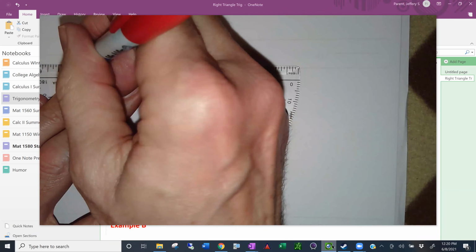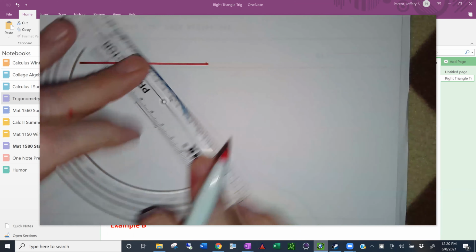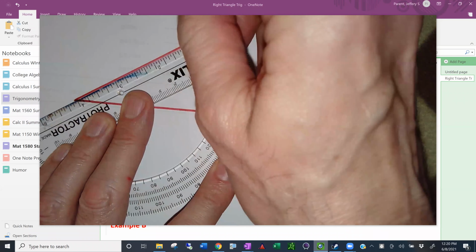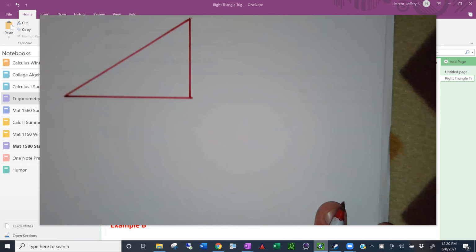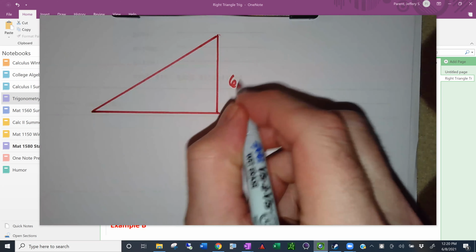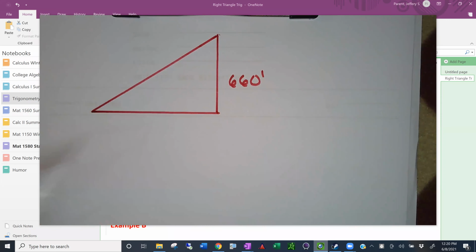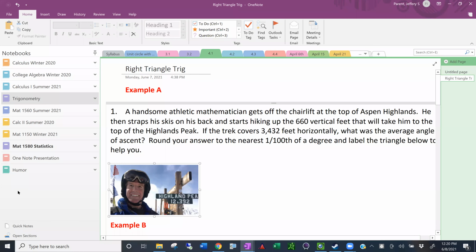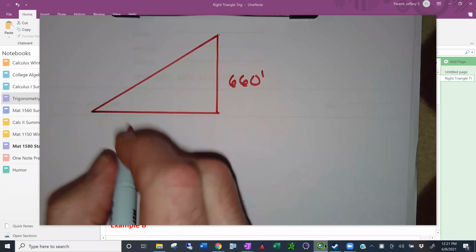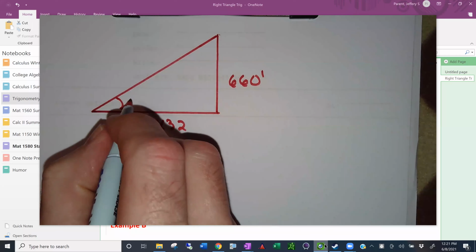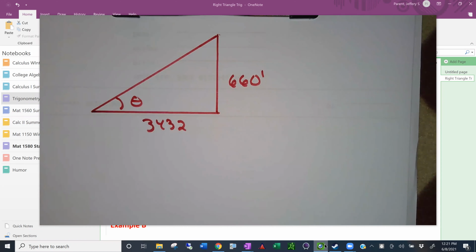Now the author of this problem was really careful to note that the vertical was 660 feet and the horizontal was what, 3432? Yep, 3432. But we want to know what the angle is. How steep is that hike?